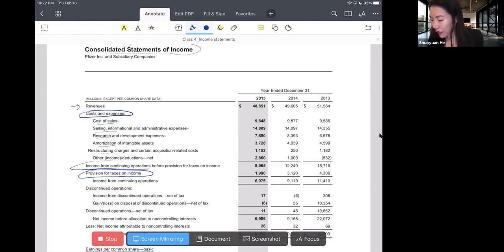And then income from continuing operation before income tax. So this number is basically the difference between Pfizer's revenue and all of those. So all of those are Pfizer's income, cost, and expense.